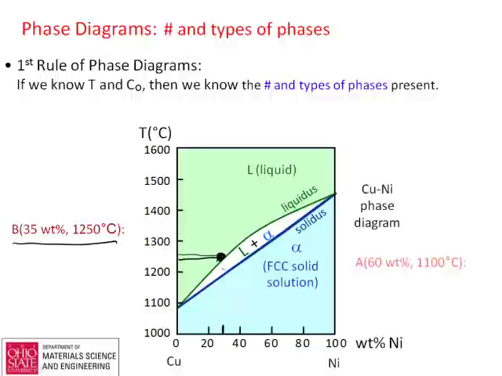That's going to be single phase liquid, just above that. And if I do 60% and 1100 degrees C, this would be all solid down here. And if I picked another spot in there, that would be 2 phases.